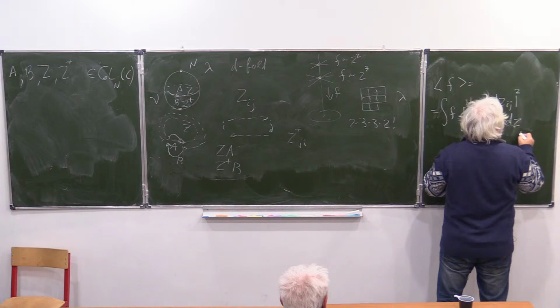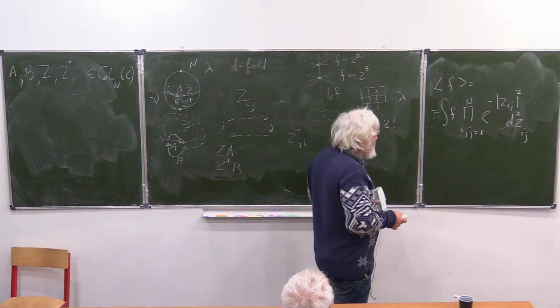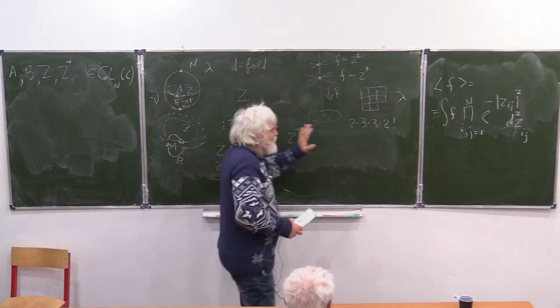Is it clear what is written? So just a Gauss integral. We will integrate later. Now we just consider this. In physics it is called the complex Ginibre ensemble.